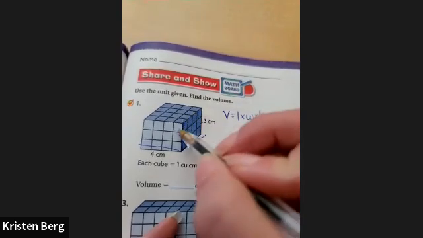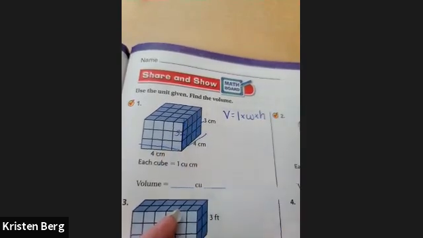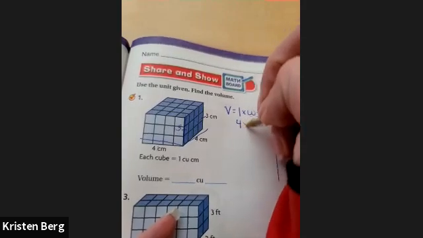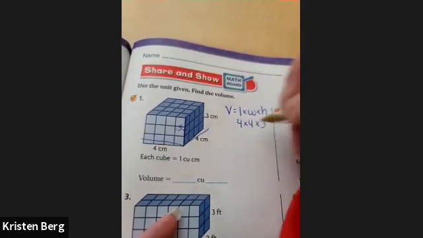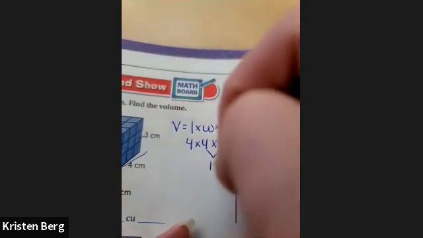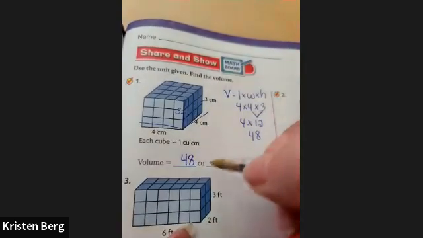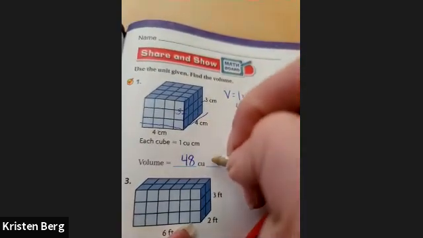This is actually saying 3. So you could do 4 by 4 by 3. Again, you don't have to multiply in that exact order. You can skip around because these are all multiplication. So 12 times 4 is 48. So therefore this is 48, but then it is in cubic, and you guys see what it is talking about.